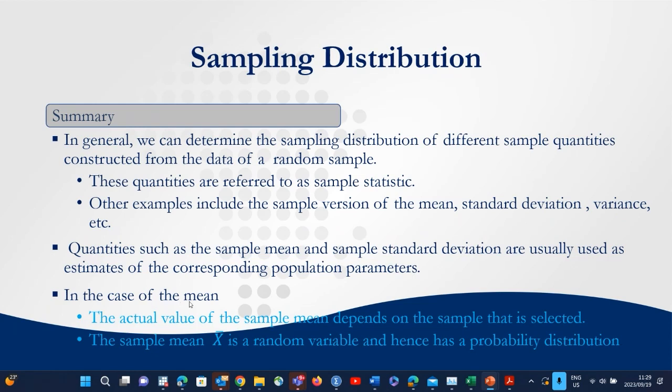And we can also have the same for your standard deviation and your variance. We will be using the sample mean to estimate population parameters. So the mean will depend on the sample that is selected. So the sample mean can be a random variable, and it's going to have a probability distribution.